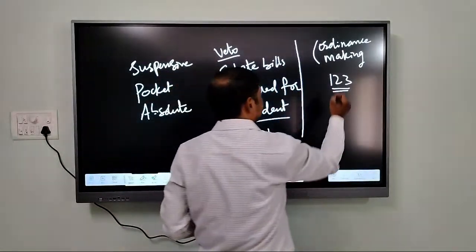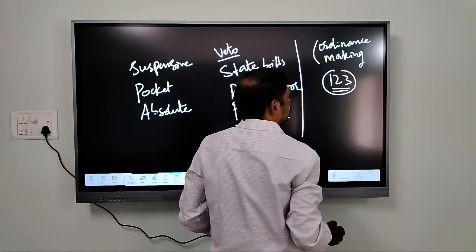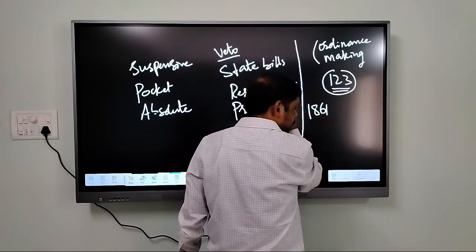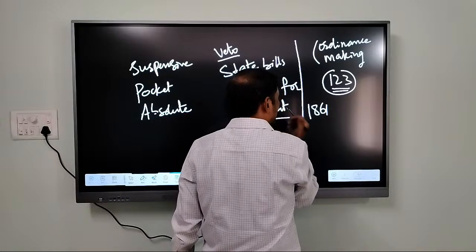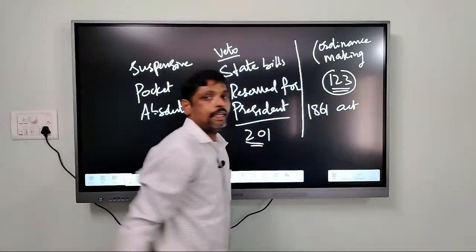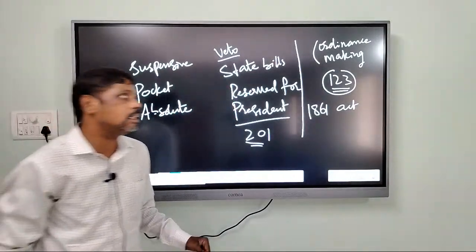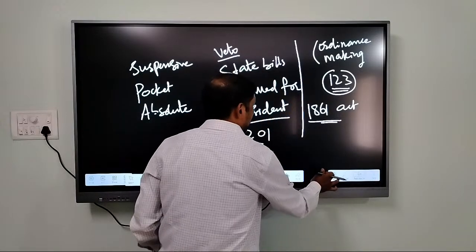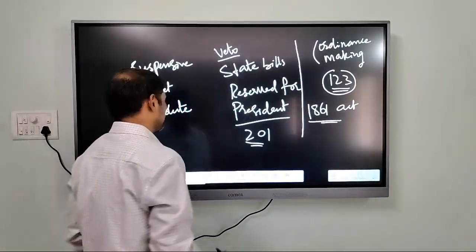Alright. So already I have mentioned this, right? I have mentioned regarding ordinance making power in the Indian Councils Act of 1861. So once again, let me explain this ordinance making power of President of India.